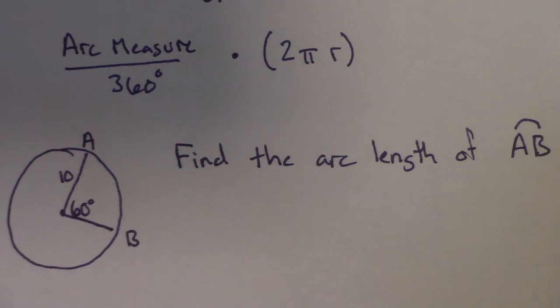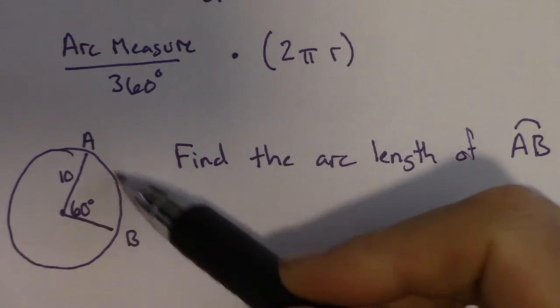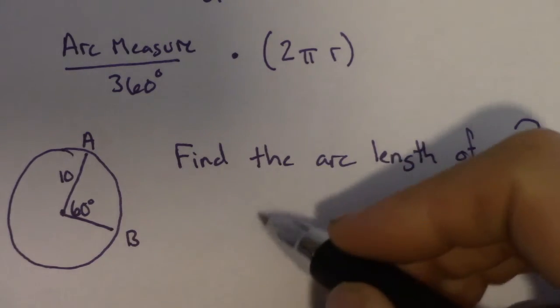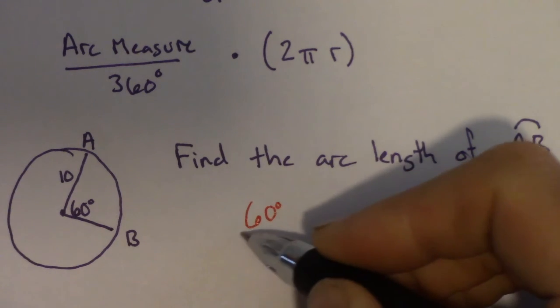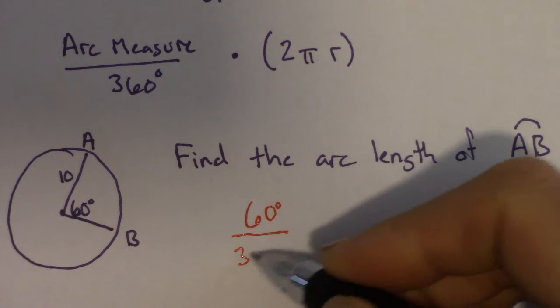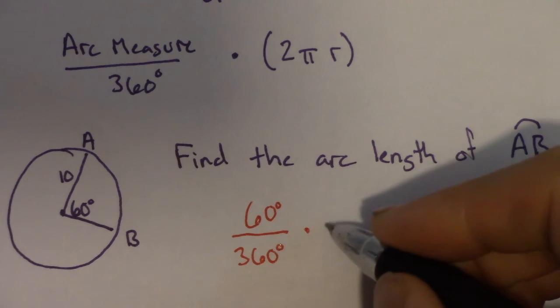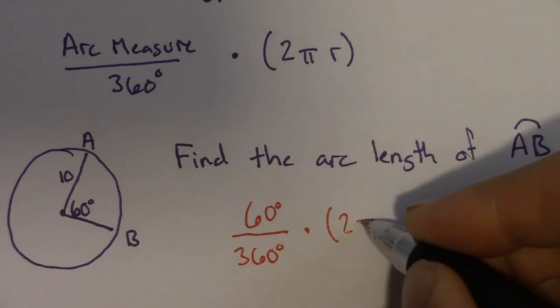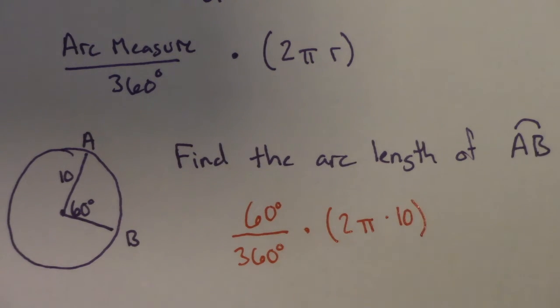So if I come down here, because it's a central angle, that means my intercepted arc must be equal. So my arc measure is 60 degrees. I know that an entire circle is 360. So I now have the fraction of the circle that I want. And I'm going to times that by 2 pi times my radius of 10.